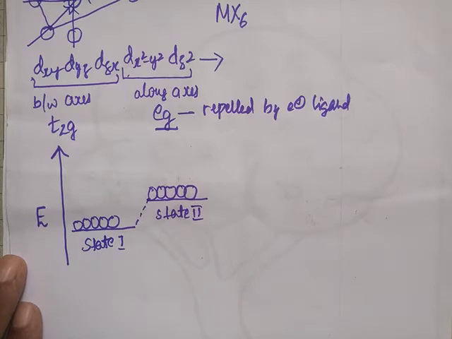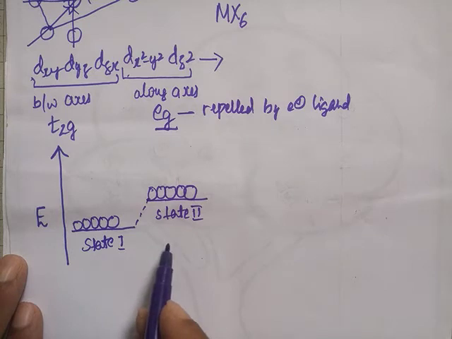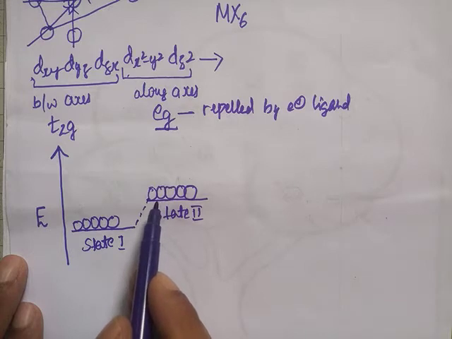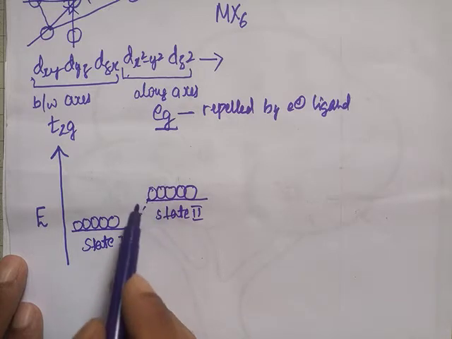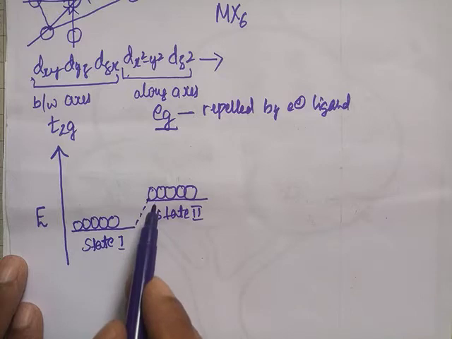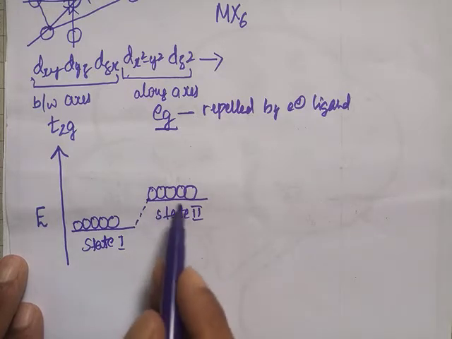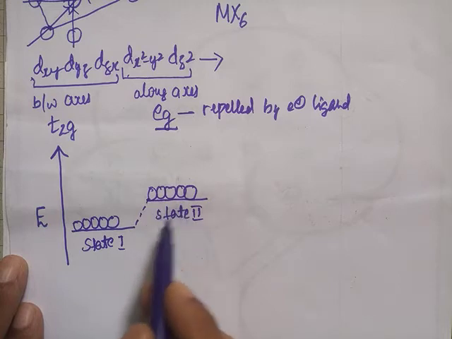State 2 represents the hypothetical degeneracy. That means all the orbitals are at a high energy level, if the negative charge of all the ligands is assumed to uniformly affect the electrons in the d orbitals. This is called the hypothetical degeneracy.